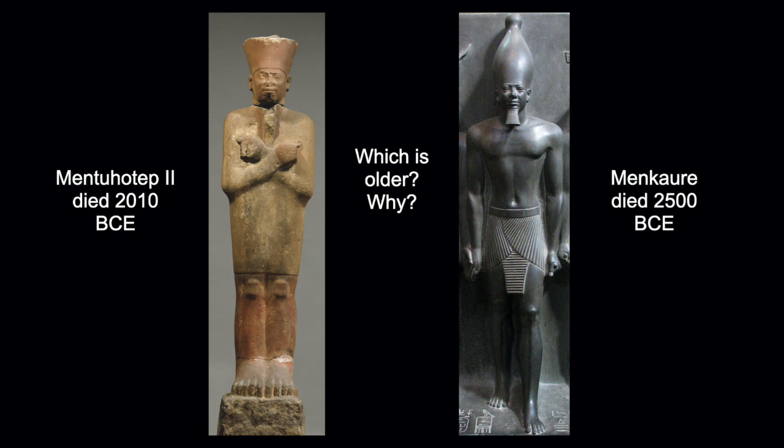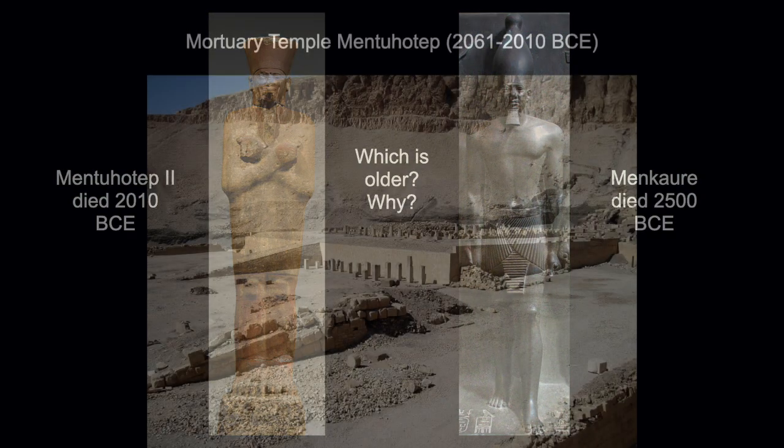And I want you to explain why it would have been a trick question. Like why does one look older than the other, although it's newer? Or maybe you don't think that. But basically I want you to compare the physique, the stance, the stone, the idealized features, everything you can about these two.